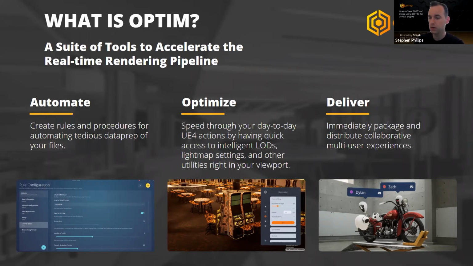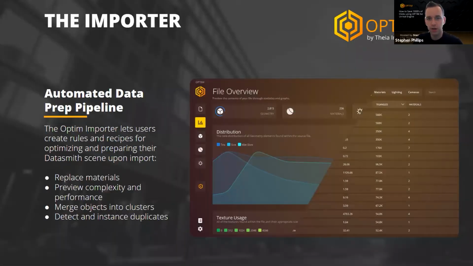So first, the importer is the Optim sub-product that we initially launched with late last year. The importer is an application that sits on top of your Unreal Engine and intercepts your DataSmith files or your other CAD files that you're about to be bringing in. The beauty of the DataSmith format that Unreal Engine created is that what you see is what you get.